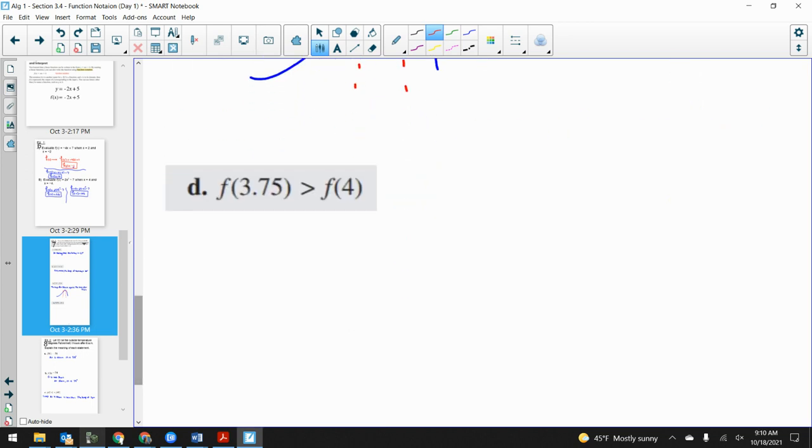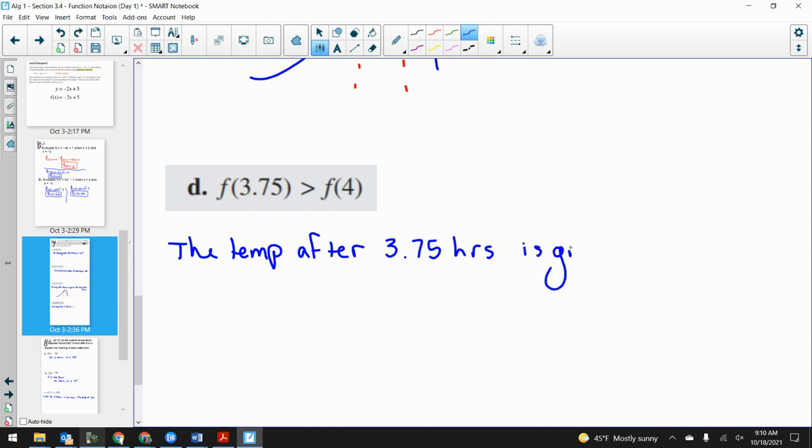And then here, 3.75. So the temperature after 3.75 hours, or 3 hours 45 minutes, is greater than the temperature at 4 hours.